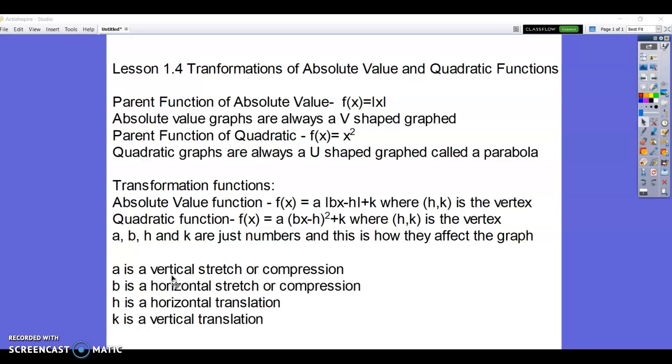B is going to cause a horizontal stretch or compression. H is a horizontal translation. And k is a vertical translation. So if you remember, vertical is going up and down. That's your y-axis. And then horizontal, that's left and right. That's your x-axis.